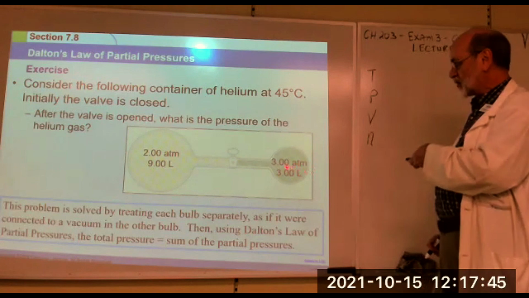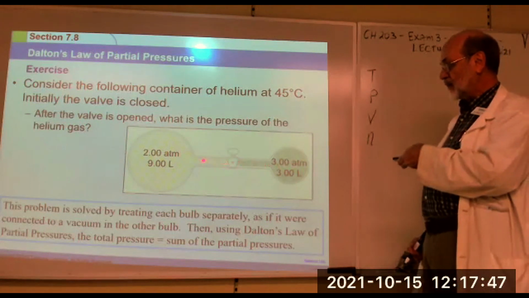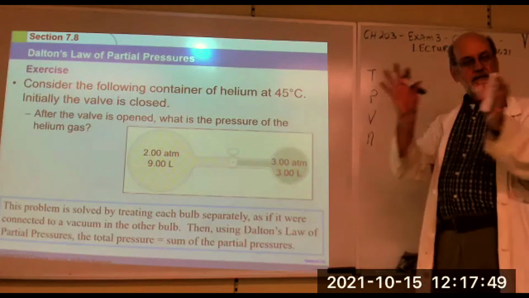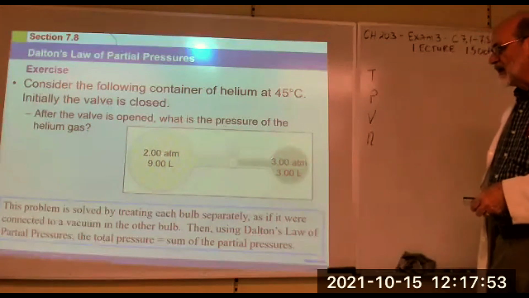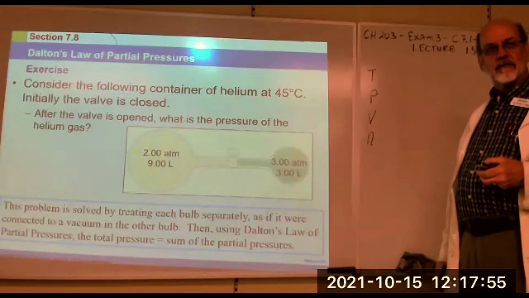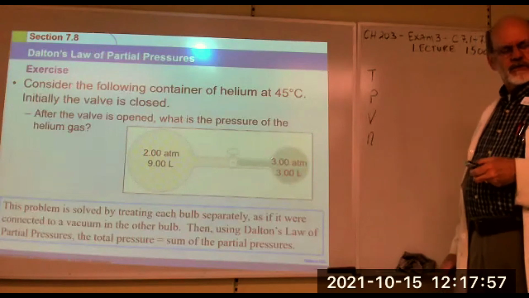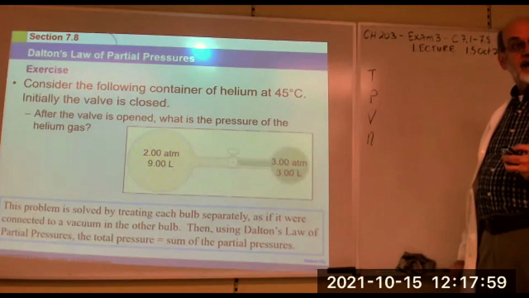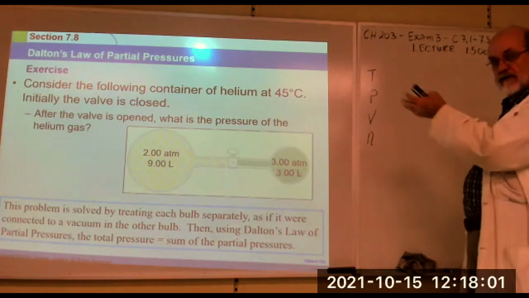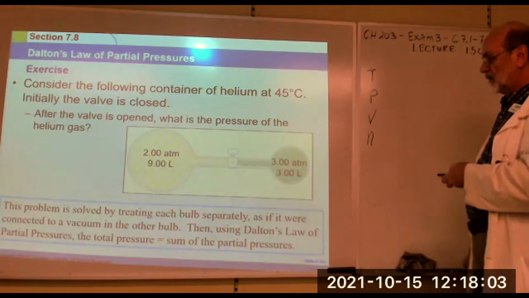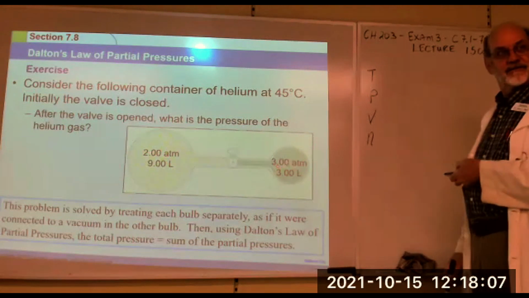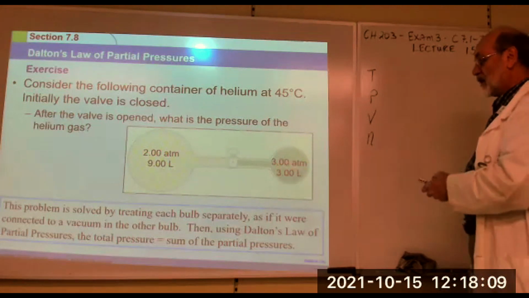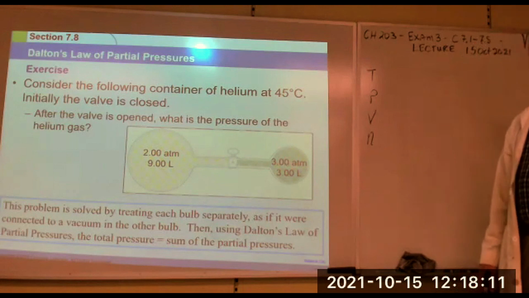Right, the higher pressure is going to push gas into this one. Eventually they'll equilibrate and you'll have equal amounts throughout. But what will be, qualitatively speaking, where would you expect the pressure finally to settle for that whole system? Somewhere between this one and this one, right? Okay. So how do we calculate that pressure?